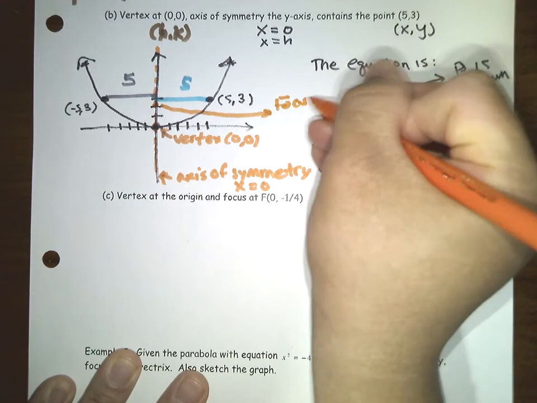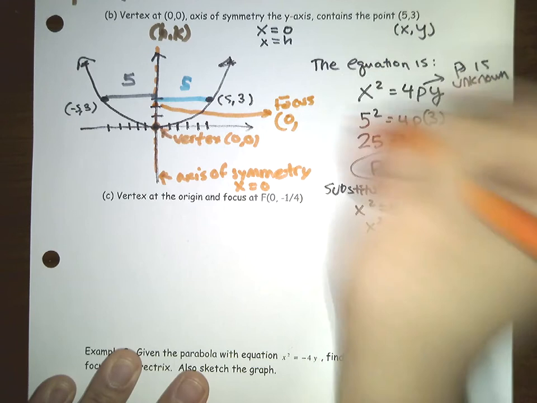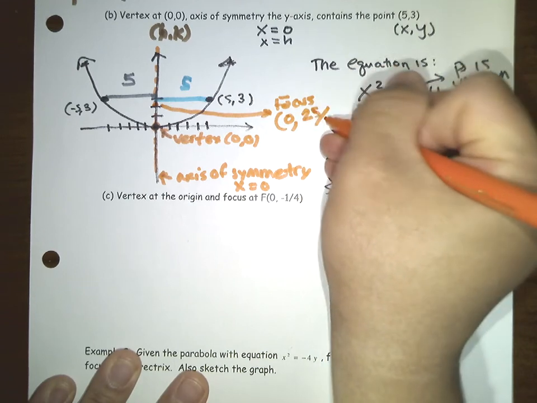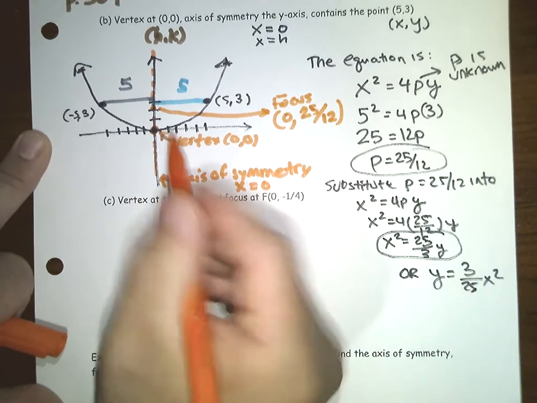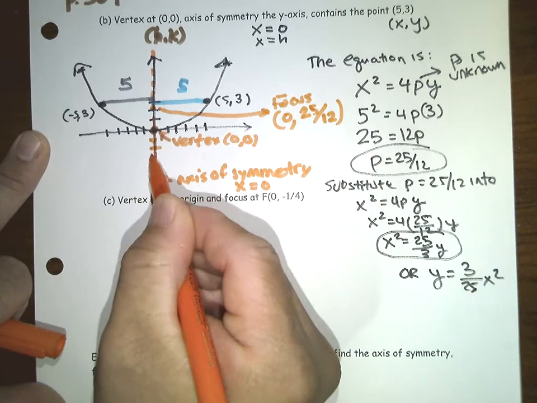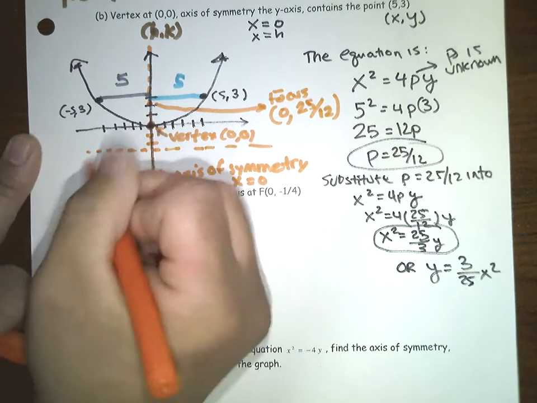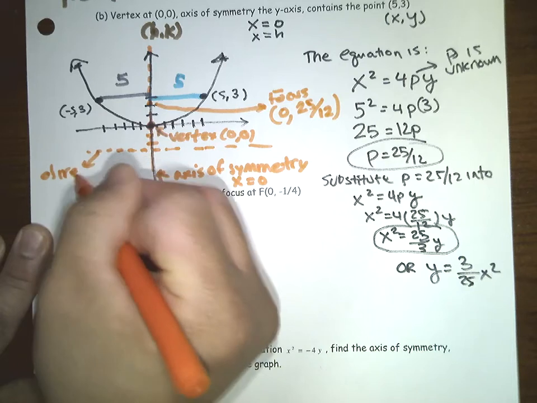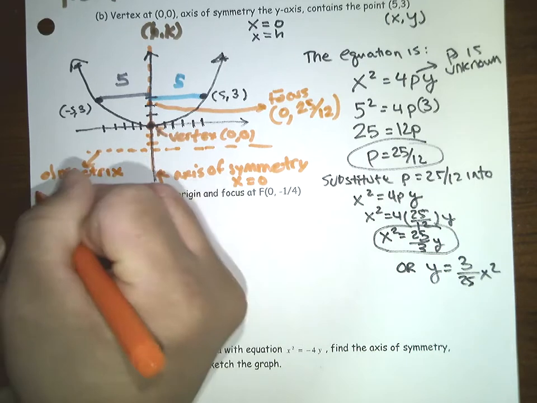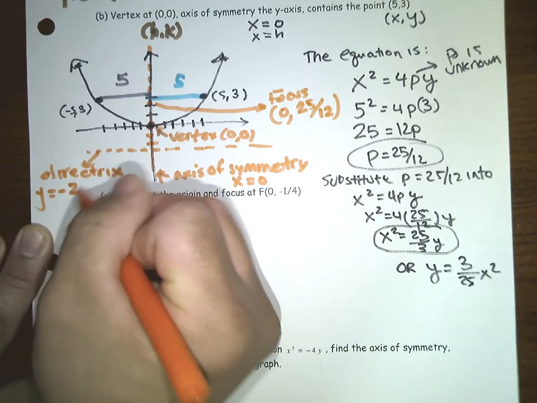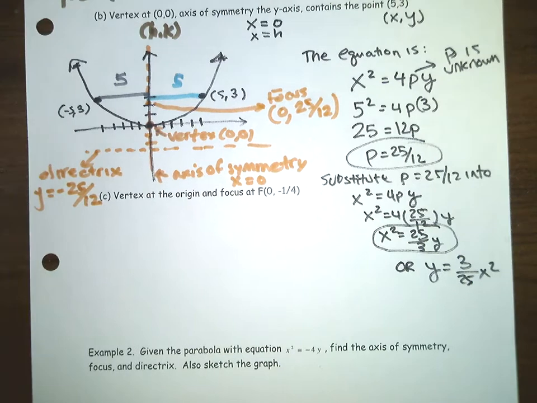So the focus is at (0, 25 over 12), and then the directrix is down here, at y equals negative 25 over 12.